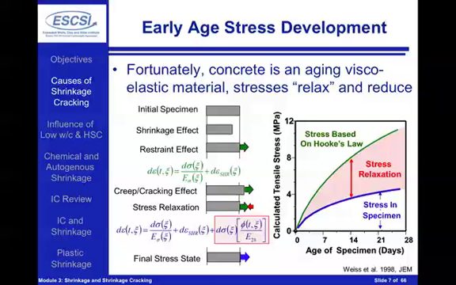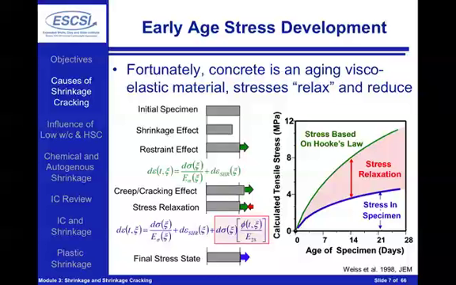But under that sustained stress, under that constant displacement, we would see that creep or microcracking would actually be occurring in the sample, and that would essentially work to relieve the stresses in the system through this viscoelastic or creep or relaxation type of effect, and this would result in an overall lower state of stress in the system. Here you can see the types of relaxation that we're talking about: 50, 60, 70% of the stresses being relaxed out of the system.